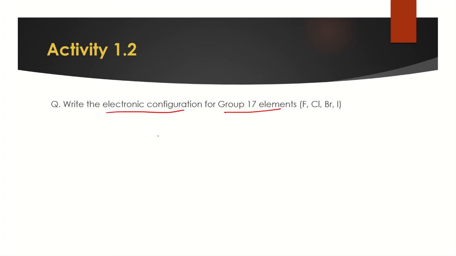If we just recapitulate what we have learned, if n is equal to 1, the first shell can hold 2 electrons. The second shell will hold 8, the third shell 18 electrons, and the fourth shell will hold 32 electrons.